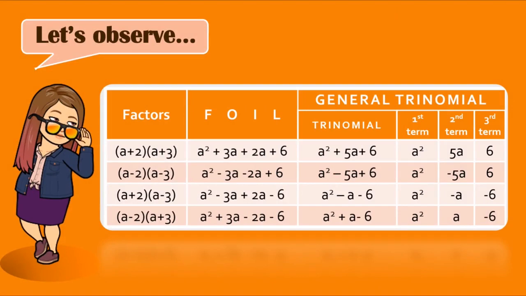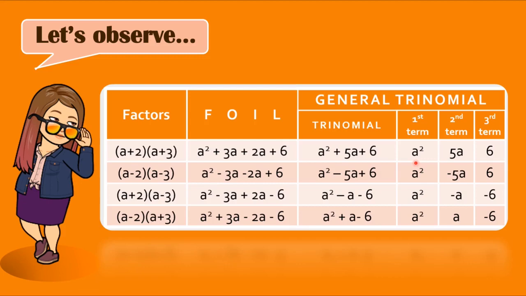We are given here a table with 3 columns. The first column is composed of the factors, and in the second column we have the process of multiplying the factors using the FOIL method. And the third column is the general trinomial. Do you notice any pattern? Look at the first term.